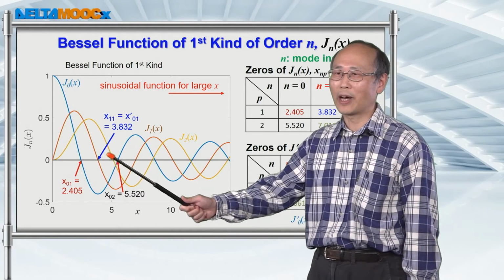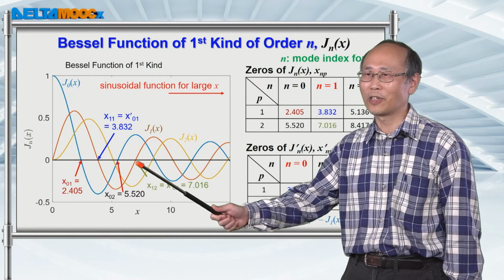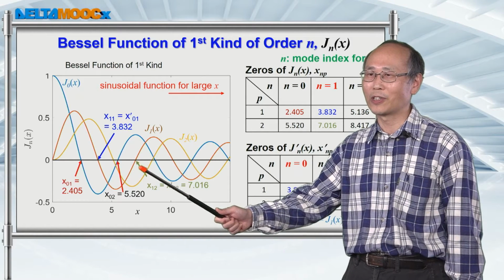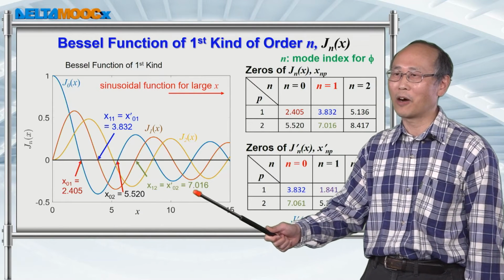We can also identify the second zero crossing for the J1 function right at this point.